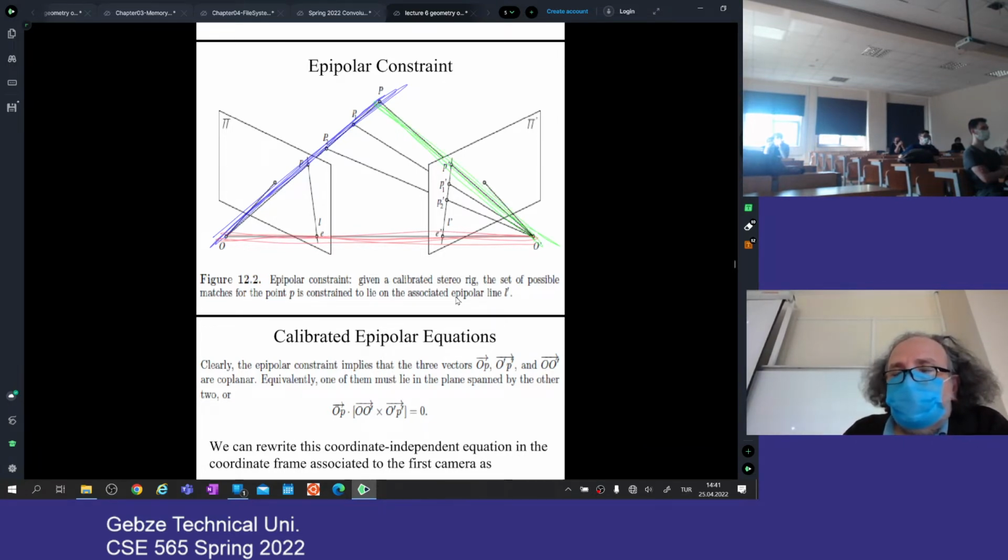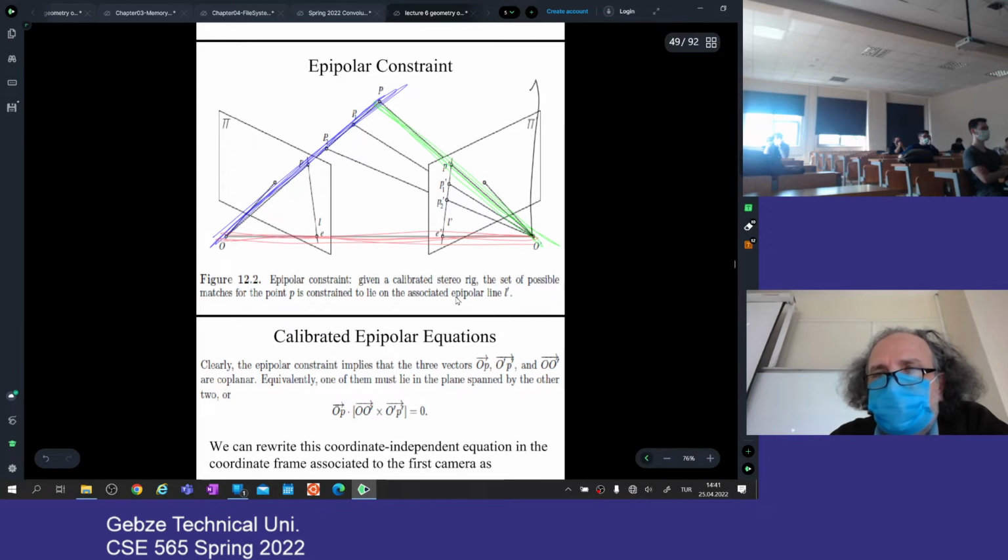If I take a cross product of this red vector with the green vector, then I will get a new vector that is perpendicular to this plane.